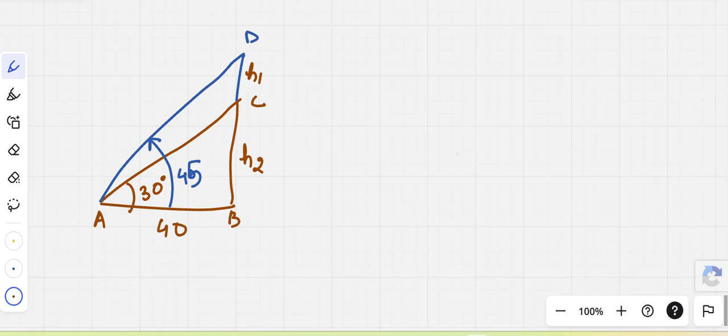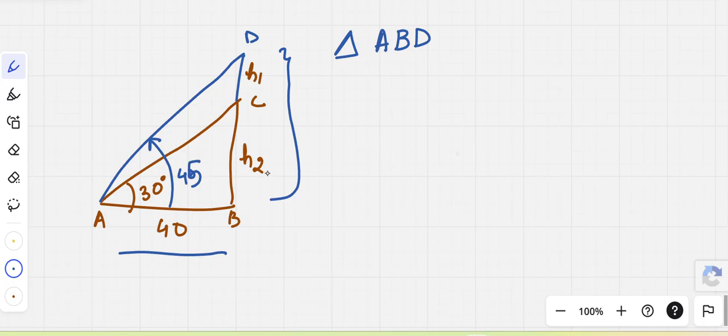First, there is 45 degrees, so I will take triangle ABD. If I take triangle ABD, with 45 degree, what sides are involved? BD is there and AB is there, the opposite side and the adjacent side. So tan 45 is equal to BD by AB.